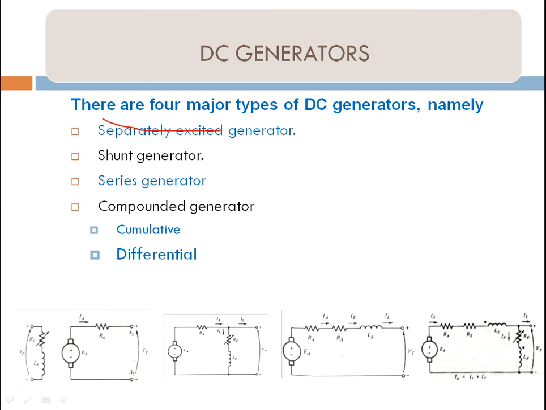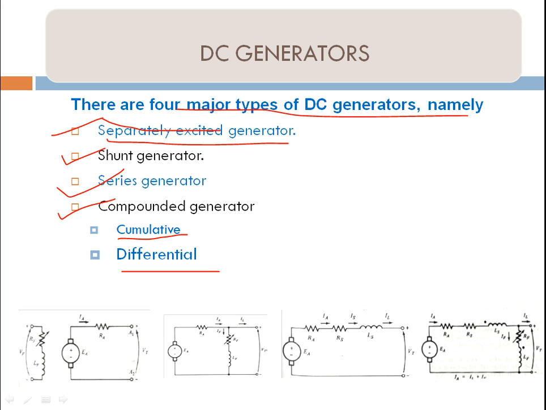There are four major types of DC generator, namely the separately excited generator, shunt generator, series generator and compound generator, and the compound generator can be cumulative or differential. Basically we are talking about the generator and motor in this session. You can see the pictures here of the four types.